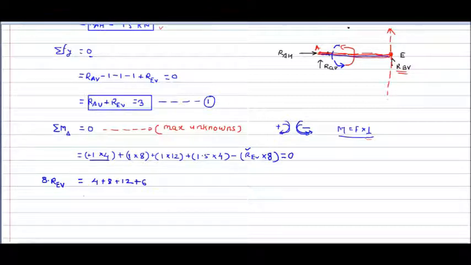So RE vertical will become 4 plus 8 plus 12 plus 6 divided by 8, so it is 3.75. So we got the final value for RE vertical as 3.75, and it is in kilonewtons.